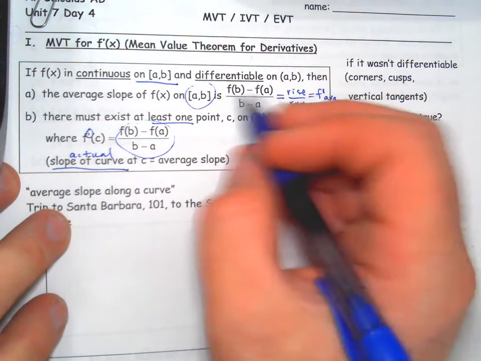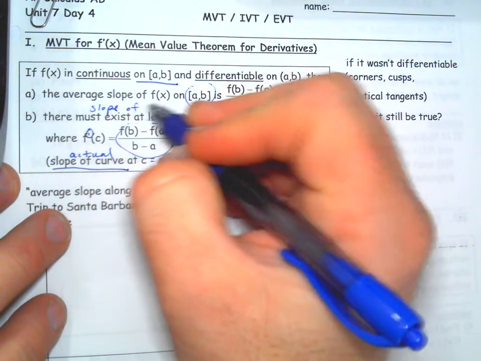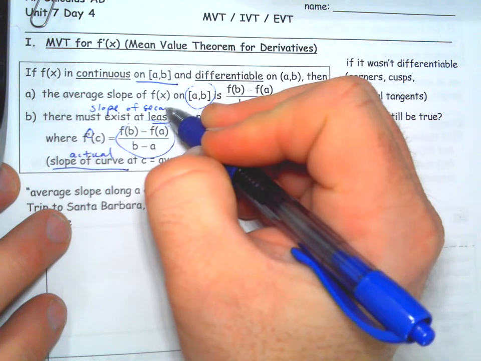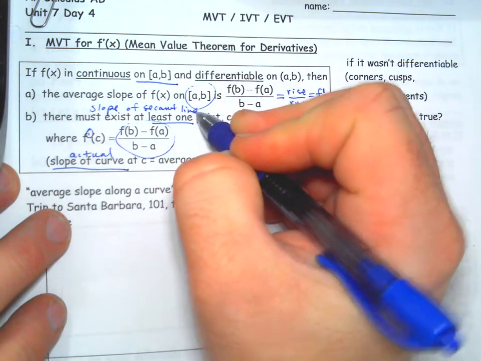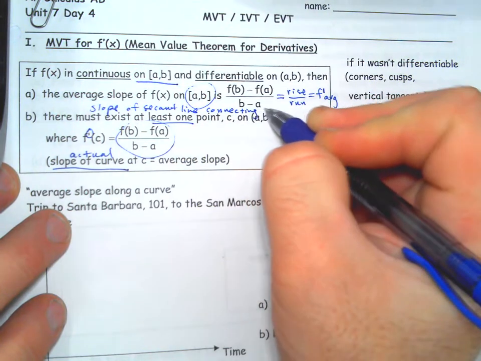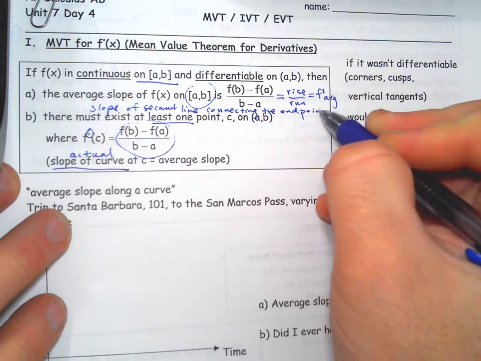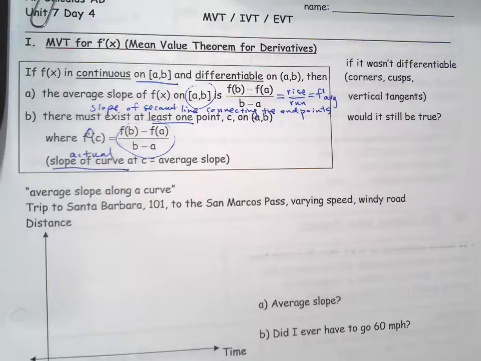So again, up here, this average slope is the slope of a secant line connecting the endpoints. Okay, and there's going to be at least one actual slope that equals the average slope.